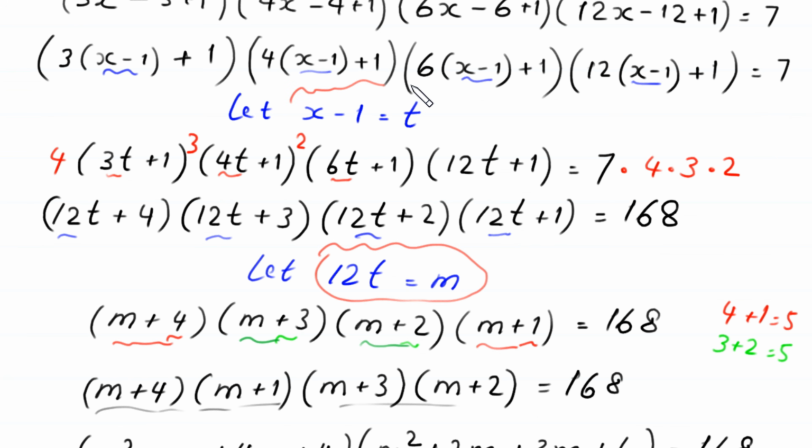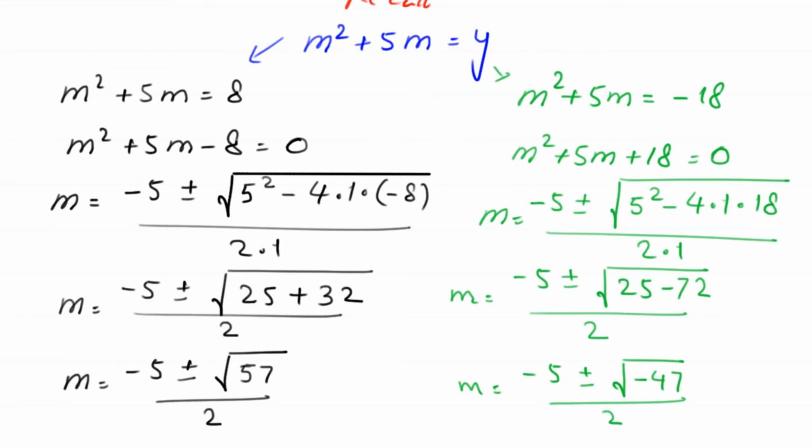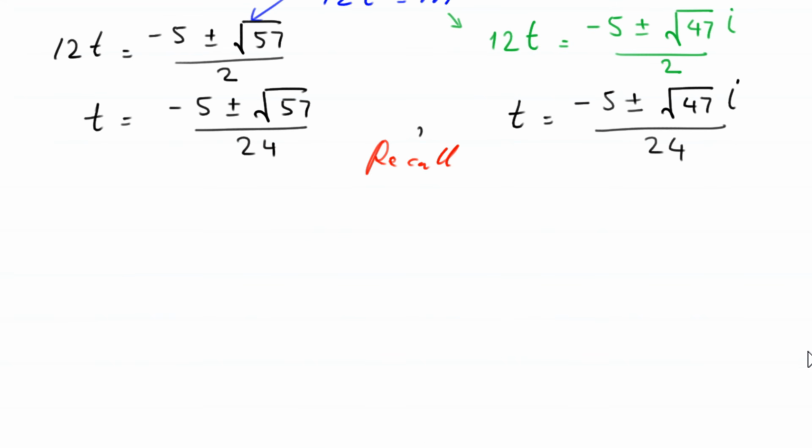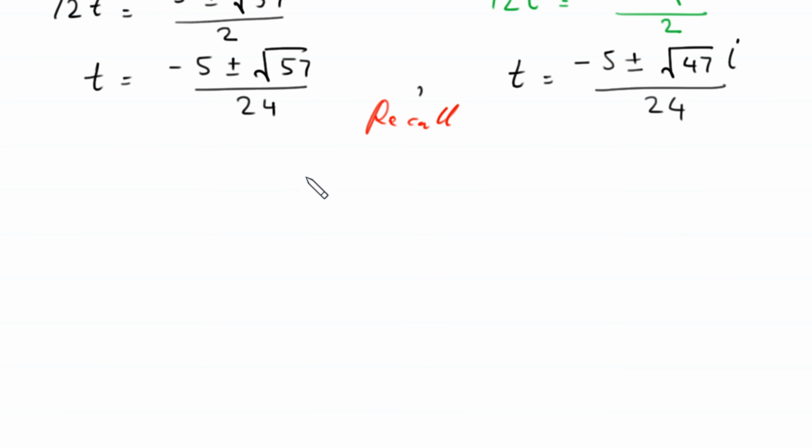Now recall that we have supposed that x minus 1 is equal to t, and this implies that x is equal to t plus 1.